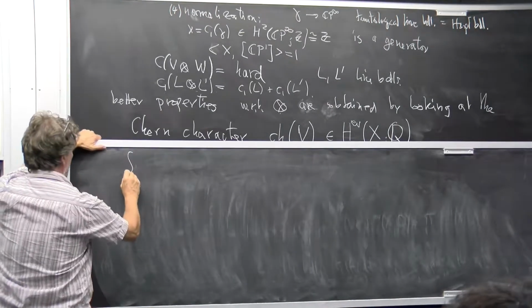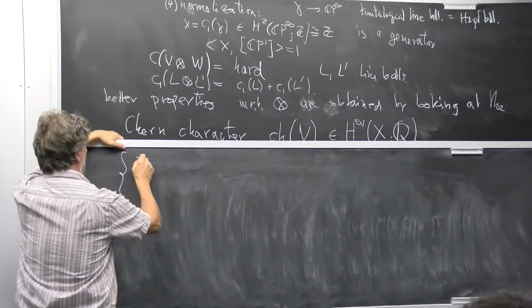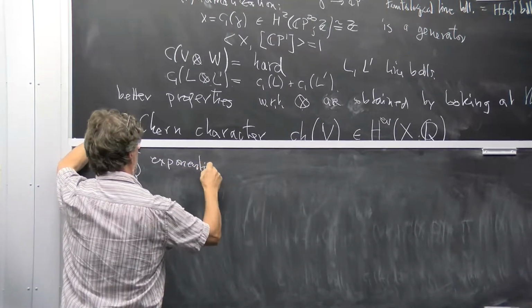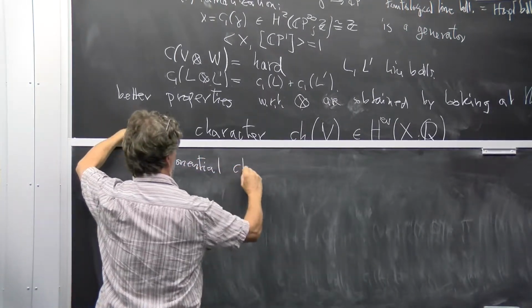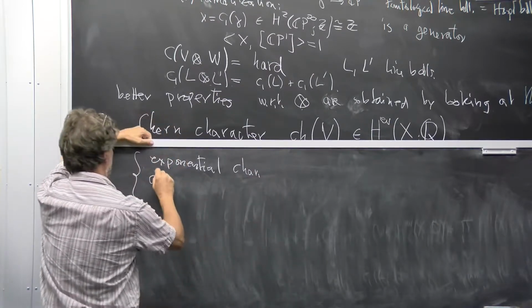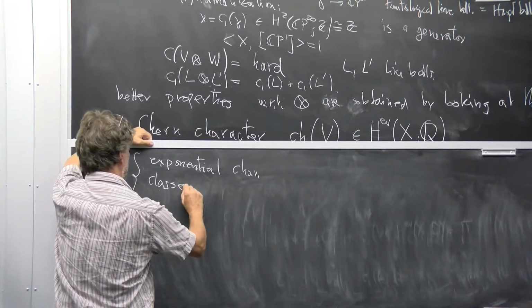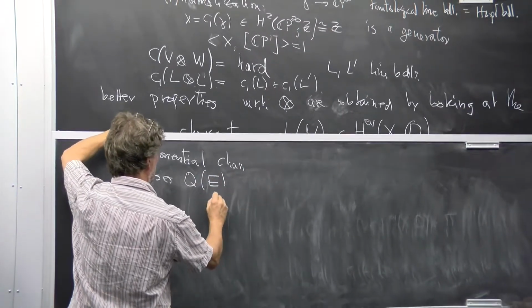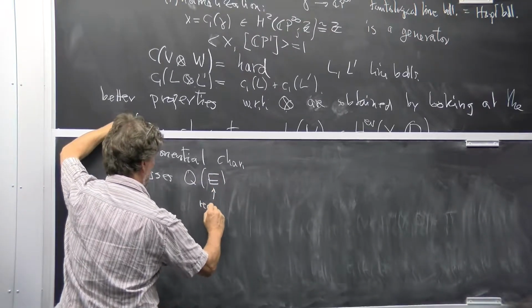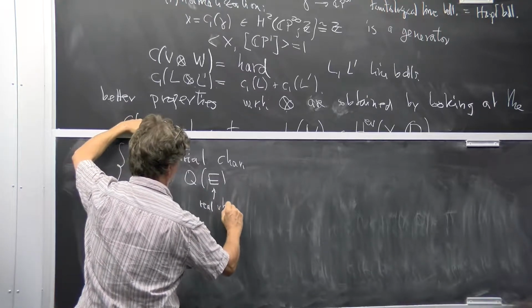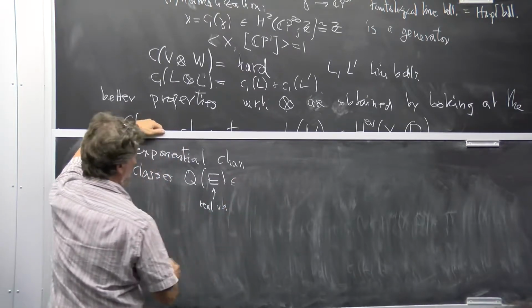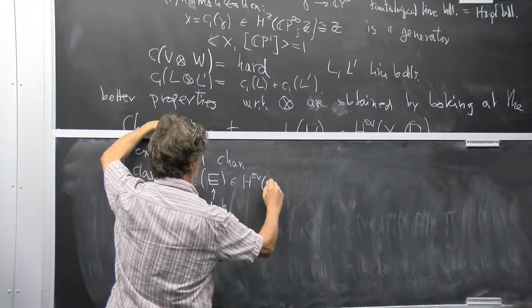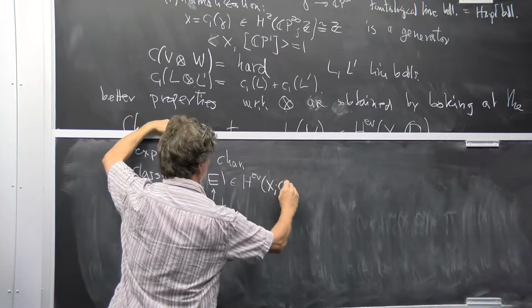So I want to look at a set of exponential characteristic classes Q for real line bundles, vector bundles E. And they are supposed to live in the even cohomology of the underlying space with rational coefficients.